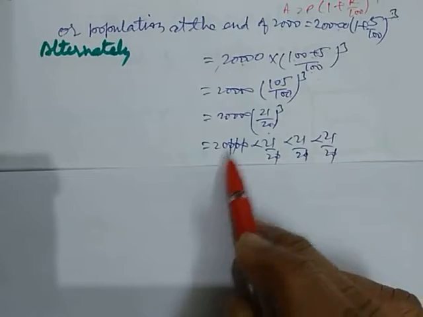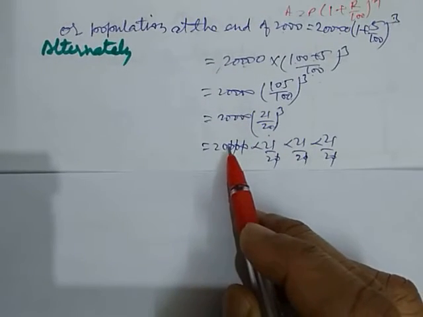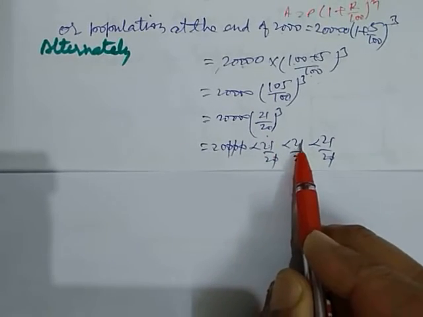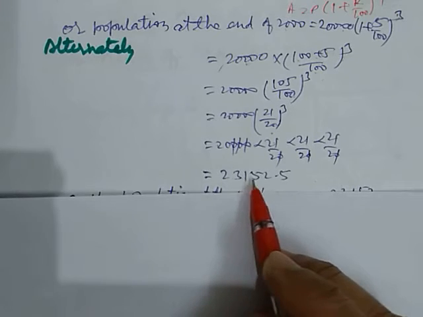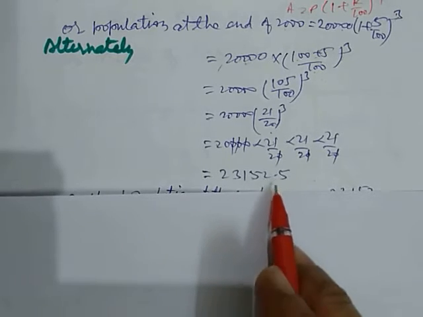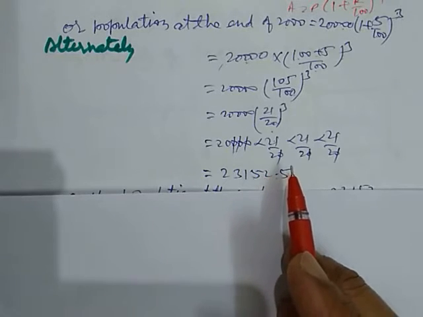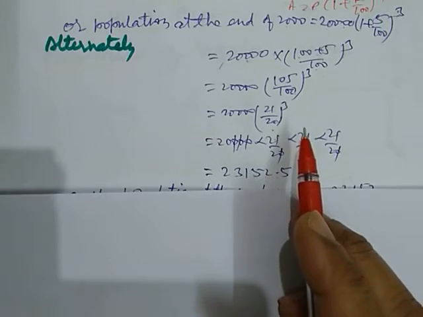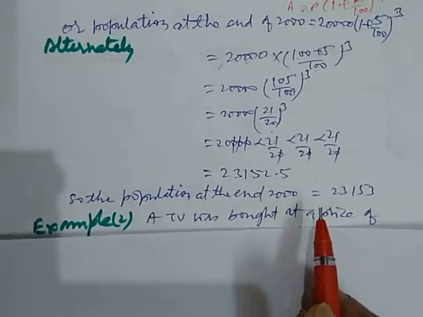So now we solve this. These 3 zeros cancel by these 3. We get 20 into 21 into 21 into 21 by 2. So we get 23,152.5, which is just the same as that method. So this way we can also calculate directly. Okay, so remember this formula and utilize this.